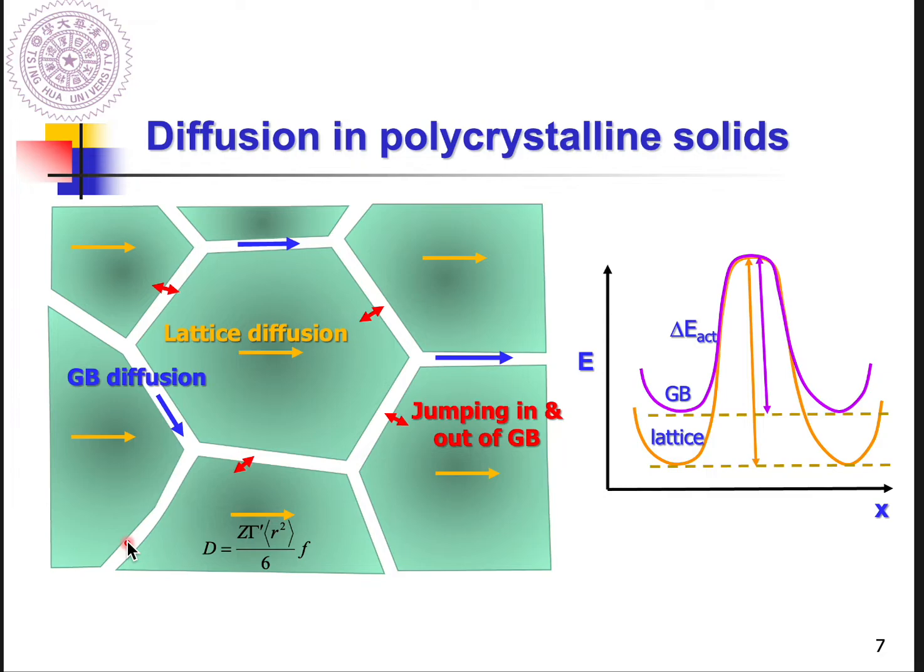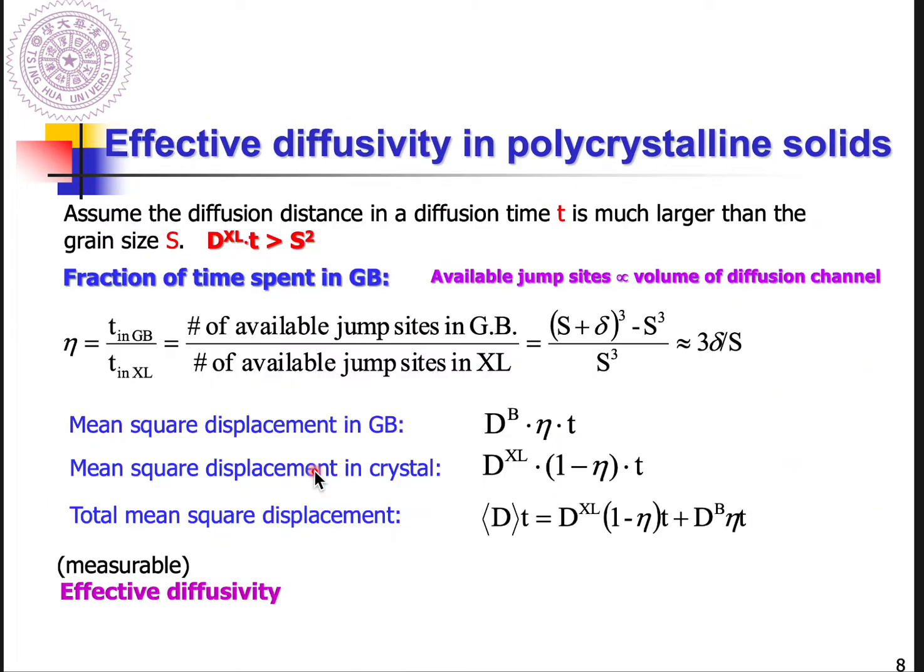Then we can estimate the average or effective diffusivity. Atoms diffuse either through the grain or through the grain boundary, but how much time they spend in each depends on the volume fractions.